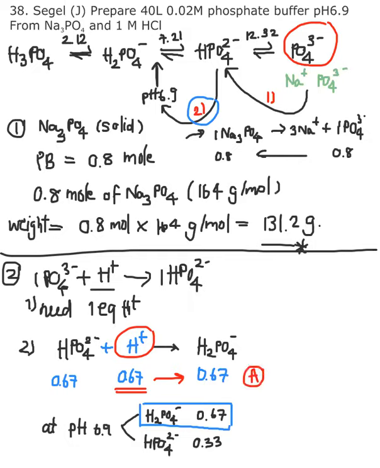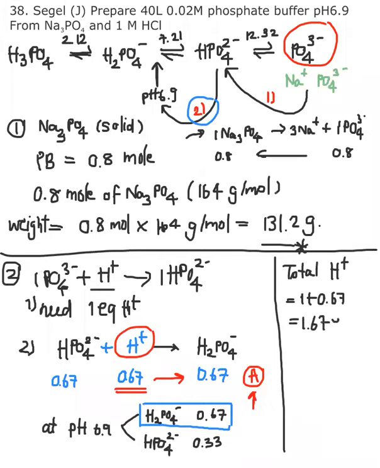As we followed in the process of how to choose which ratio to work on, in this case you have to focus on the A ratio here, right? So in total, from step 1 and step 2, the total equivalence of proton would be 1 equivalence plus 0.67, so it's 1.67 equivalences of proton.